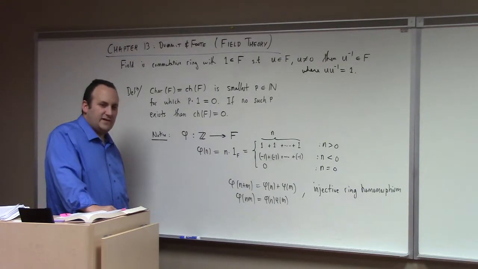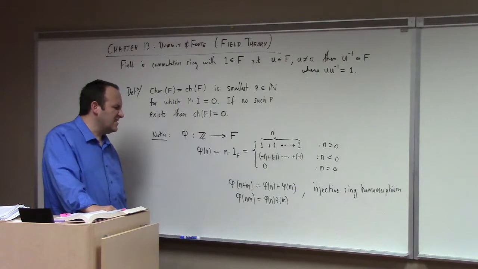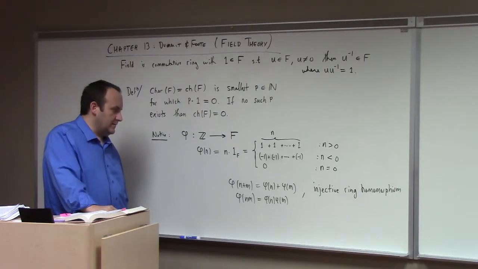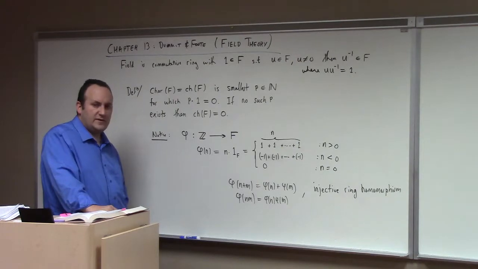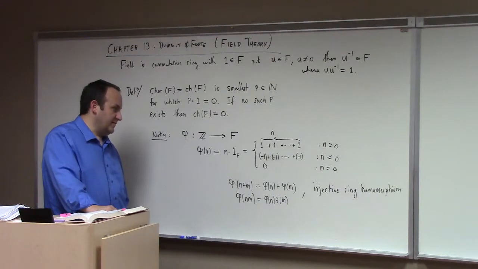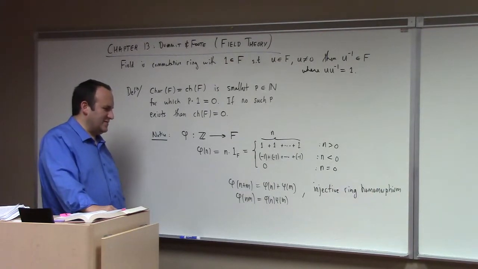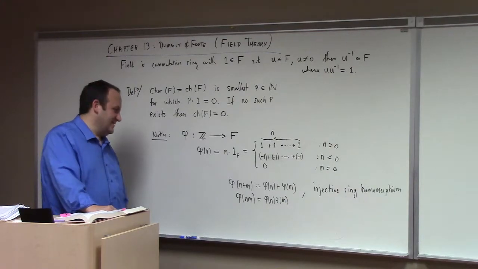So for it to be injective, the kernel has to be what? Just 0, right? So as long as the 1 in the field is not equal to 0, it's injective, right? If 1 was equal to 0, anyway, we're assuming that this is not a stupid case. I don't know if 1 equal to 0 is even a field. I don't care. Let's not talk about that. So assuming that the field is not some really annoying case.